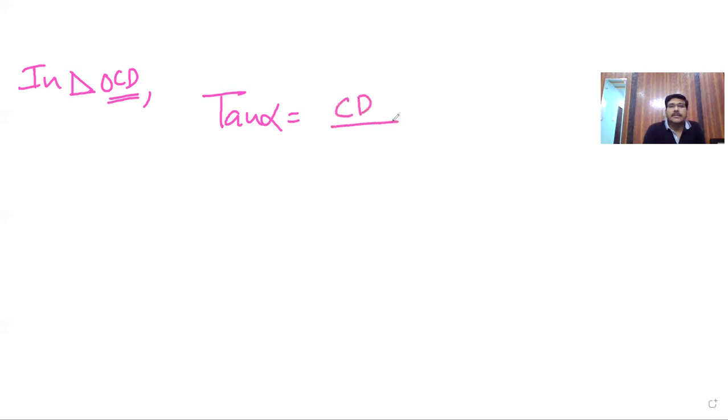Now tan alpha, in right angle triangle OCD, is CD by OA plus AD.